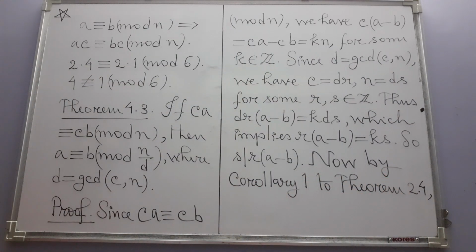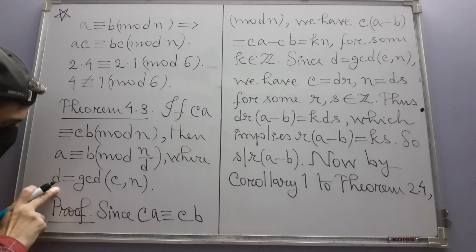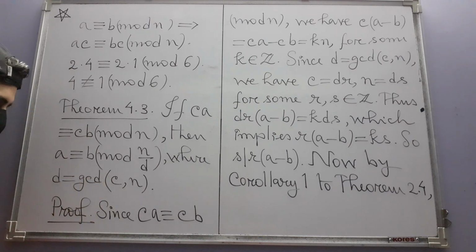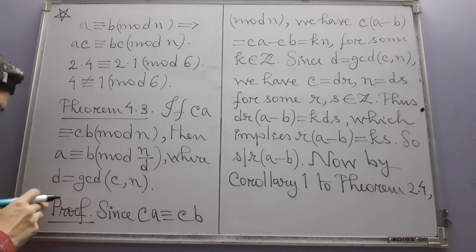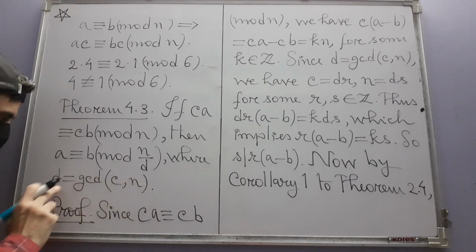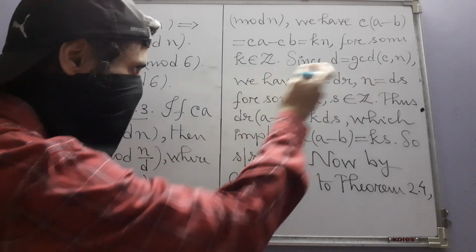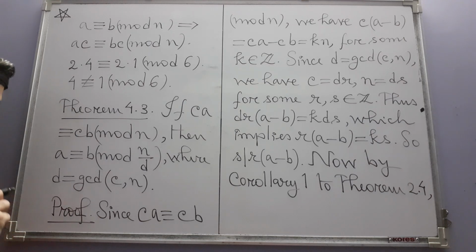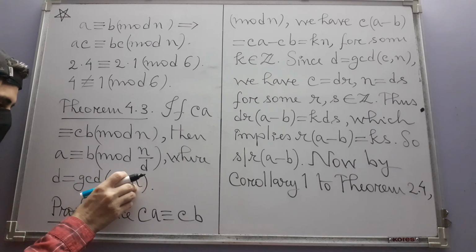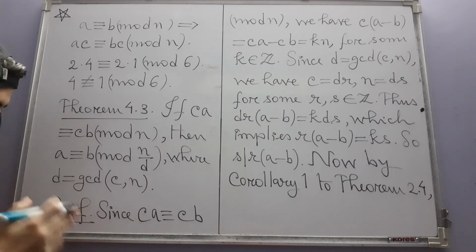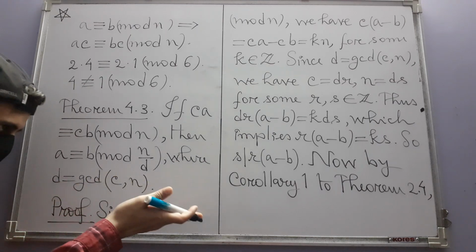So what that corollary says is that if you have an equation like this involving GCD, you can of course divide both C and N by D. In fact, that's why we have been able to write these two equations. If you do so, the resulting numbers are relatively prime. In other words, from this equation, you get this.